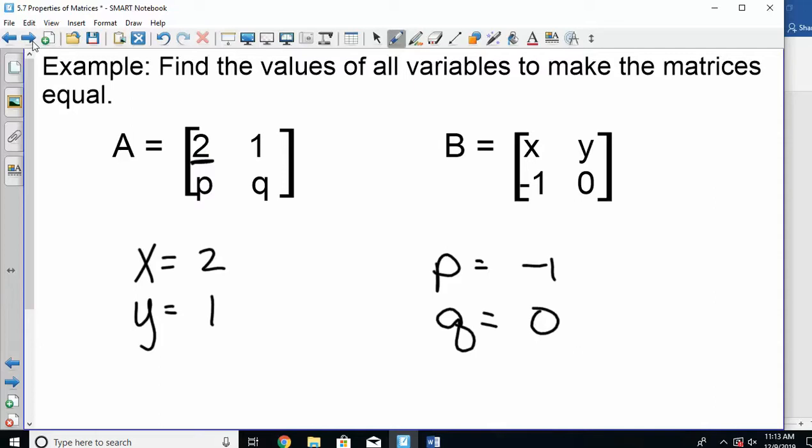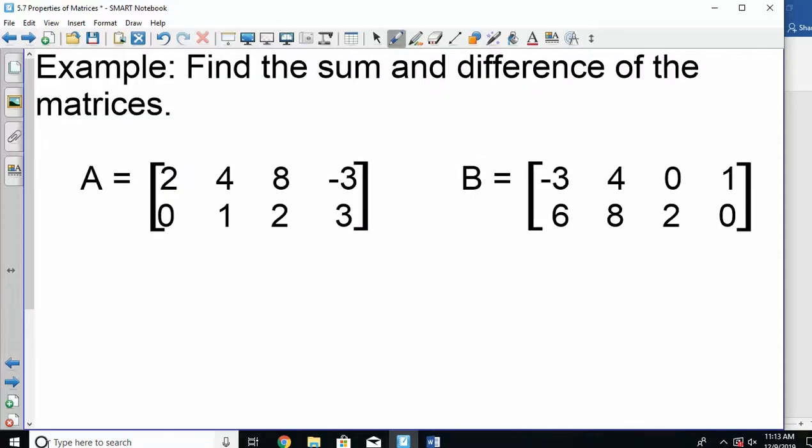Let's say I asked you to find the sum and difference of these matrices. In order to add or subtract matrices, they have to be the same size.